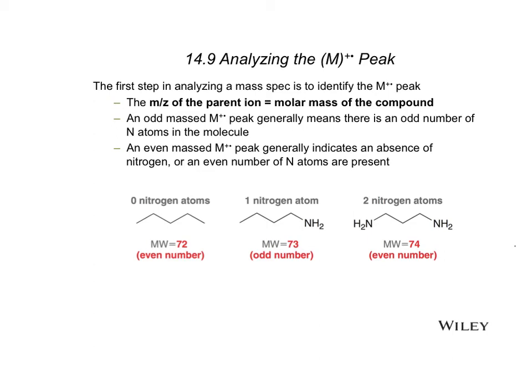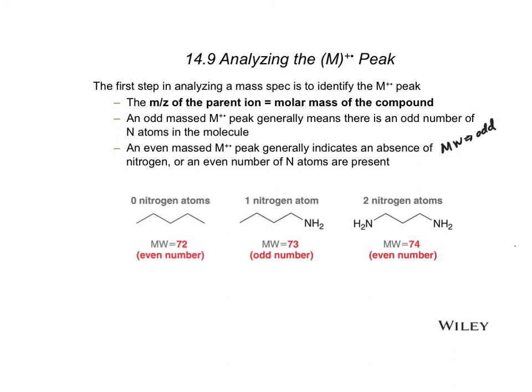If you end up with a molecular weight or a molecular mass of your compound that is odd, that is telling you that there is a nitrogen atom in the compound. Okay? So it's either one nitrogen or an odd number of nitrogens. That's only if the molecular weight is odd. Because again, nitrogen is what? 14?